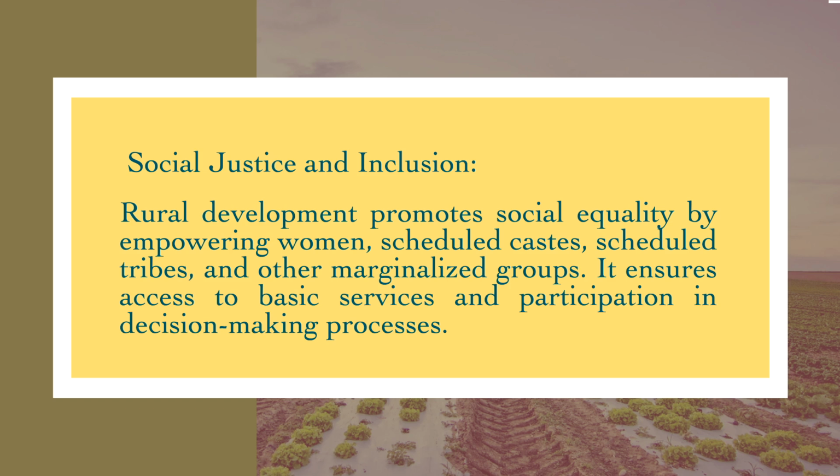A few minutes ago, we discussed that, in rural areas, even today, there are a lot of social inequalities and discriminations. Lower caste people, women, and other marginalized groups are deprived because of their lower social status, and these kinds of issues can only be ameliorated through proper rural development programs.